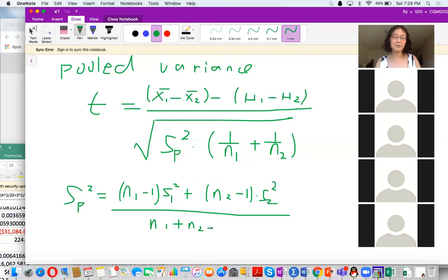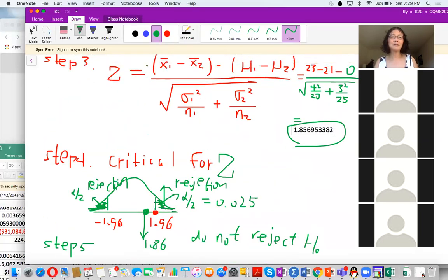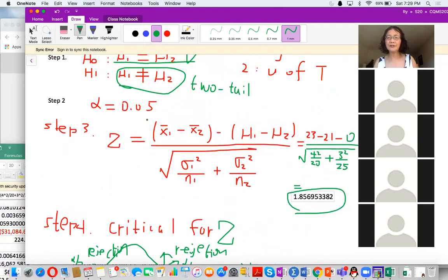That is the pooled variance, Sp squared. Once you have this test statistic, you follow exactly the same 5 steps.